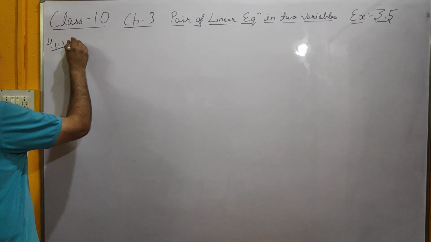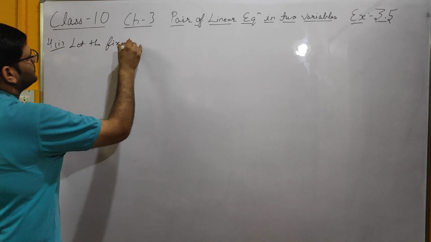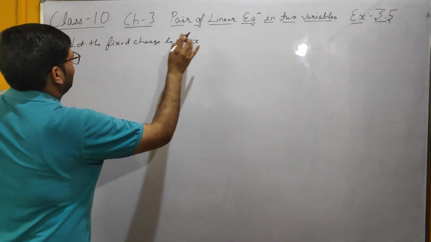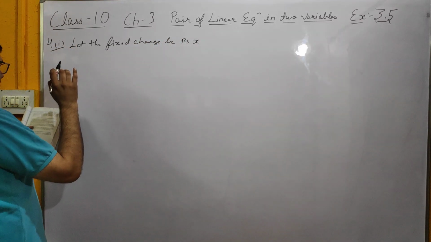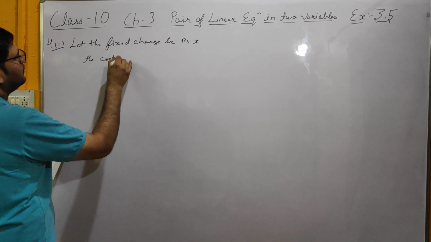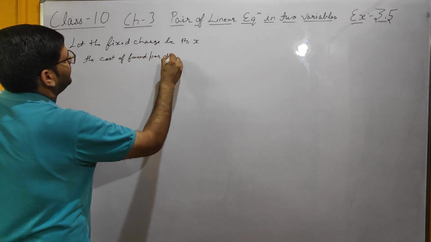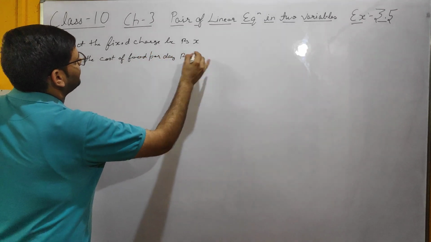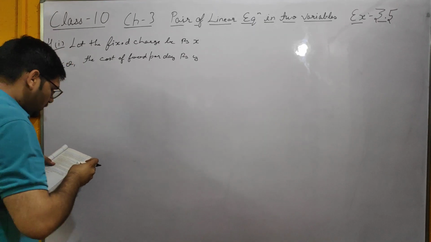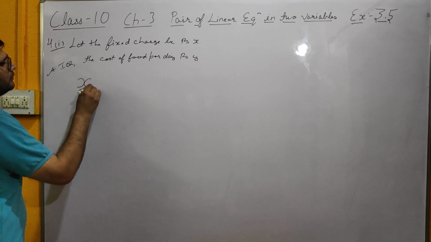So what we will do? Let the fixed charge be rupees X. Then the cost of food per day will be rupees Y. Now according to the question, for 20 days, first of all, X rupees are to be paid.